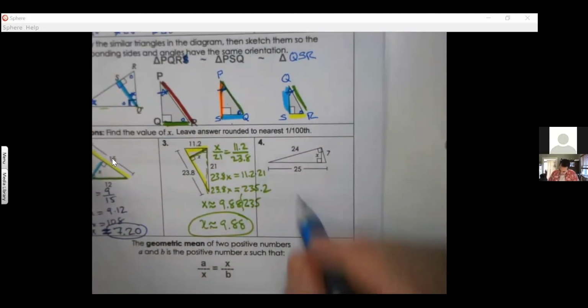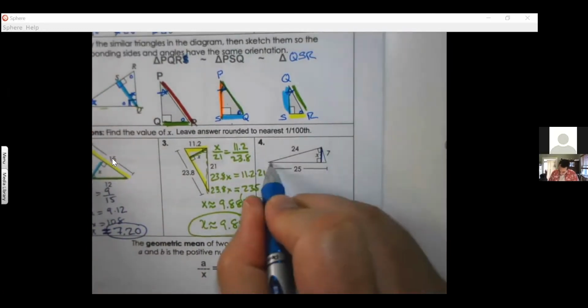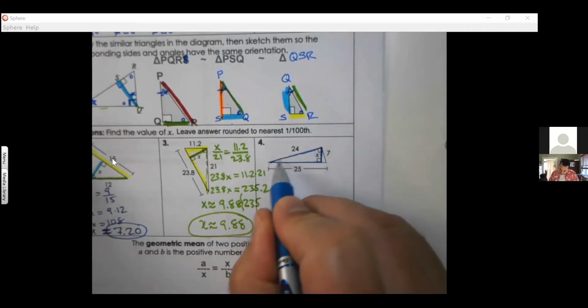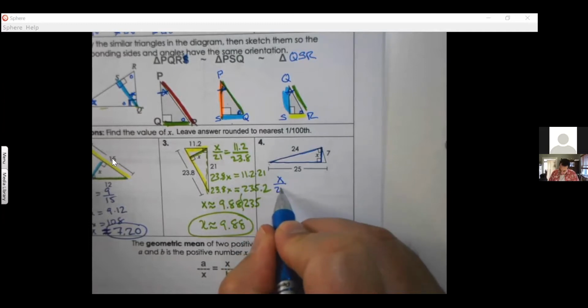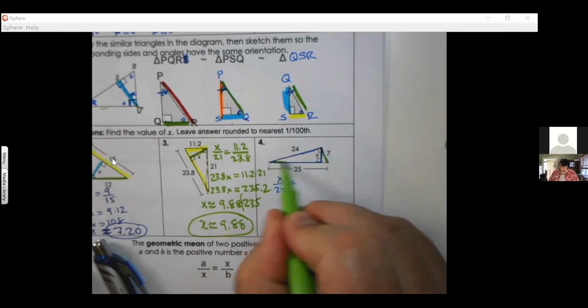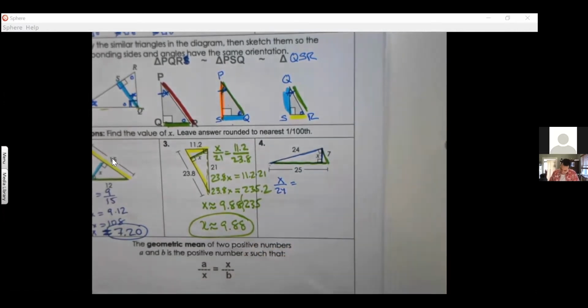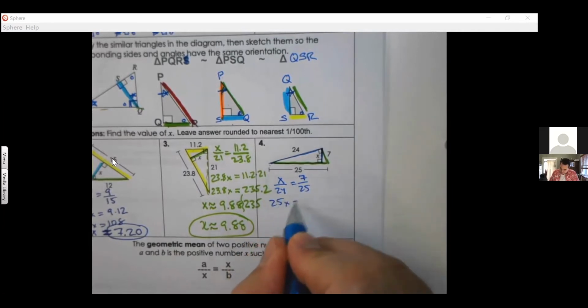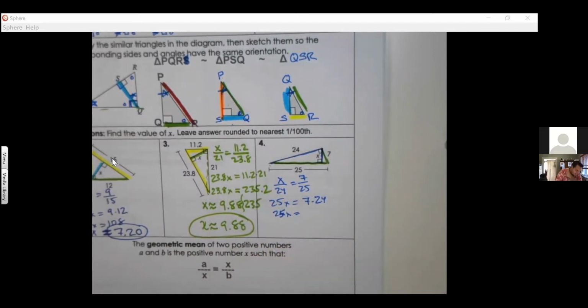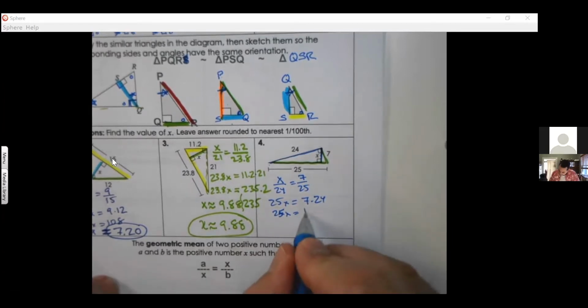Another one. So again, I'm looking at the medium triangle. And I'm saying the short side is to the hypotenuse. So x is to 24 as in the biggest triangle, the short side is to the hypotenuse, as 7 is to 25. 25x equals 7 times 24. 24 times 7 is 168.